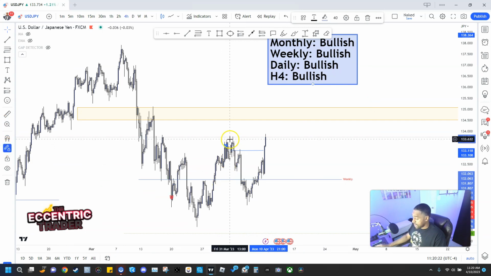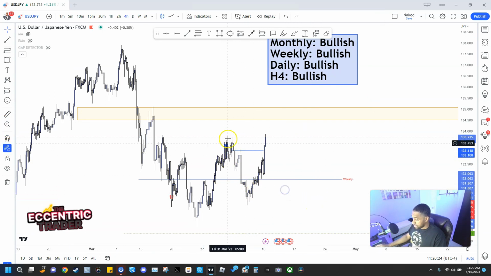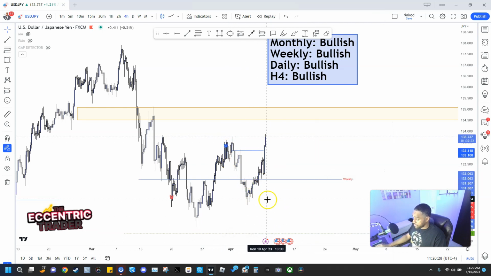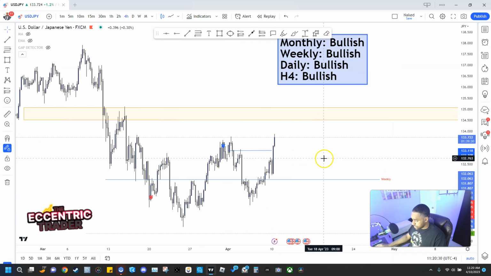You want to see higher highs and higher lows created. It created a higher high, and then it created a higher low. Now, it's not a lot of structure going on right here, but if you are an intraday trader, now if you do structure on the H4, more than likely your trade is going to be a swing.